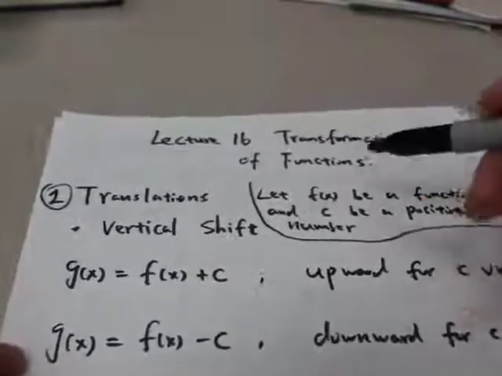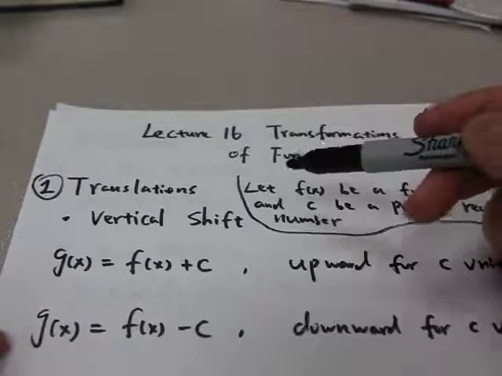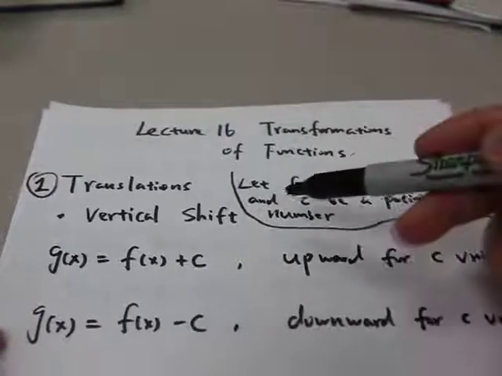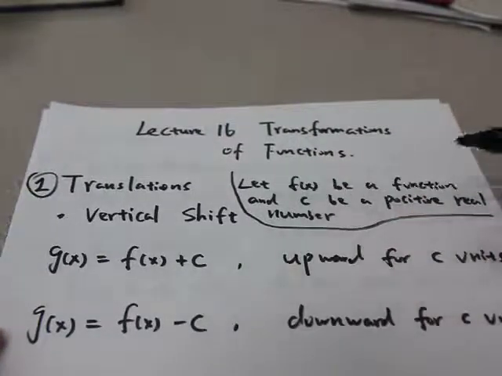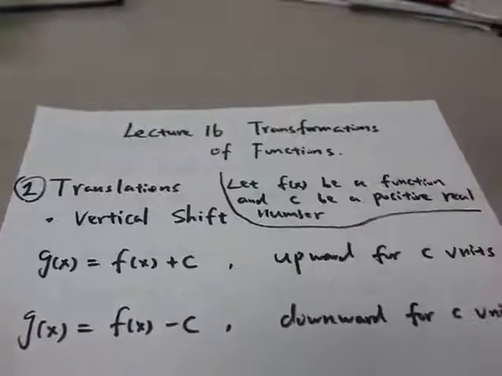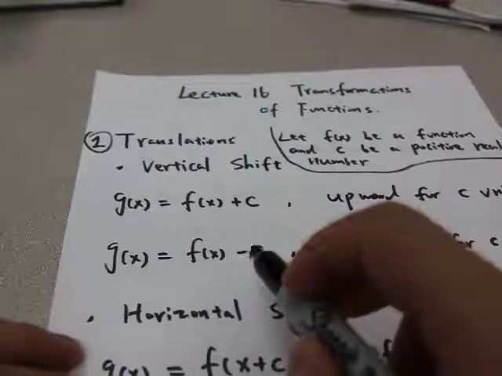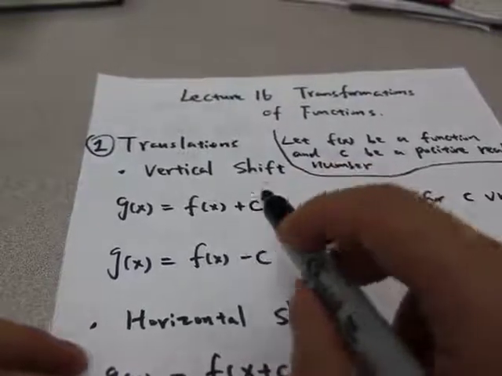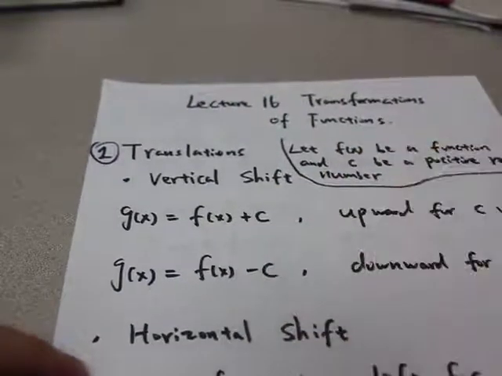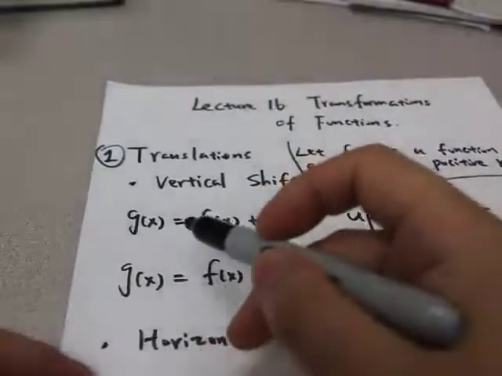So here is the definition. We let f(x) be a function and c be a positive real number. And if we add or subtract a number after the f(x), we are going to generate a different function.